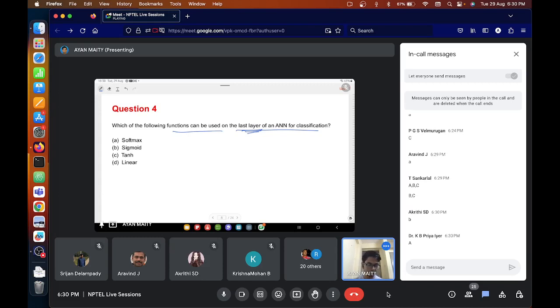Akriti is saying option B. Priya Iyer is saying option A. Tejaswini is saying option A, which is softmax.